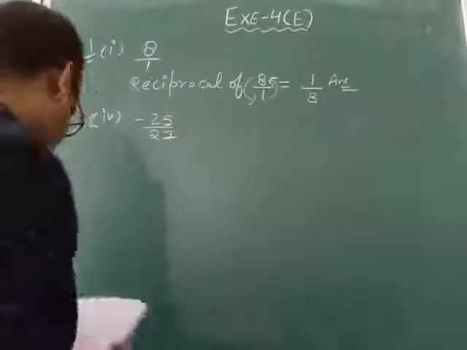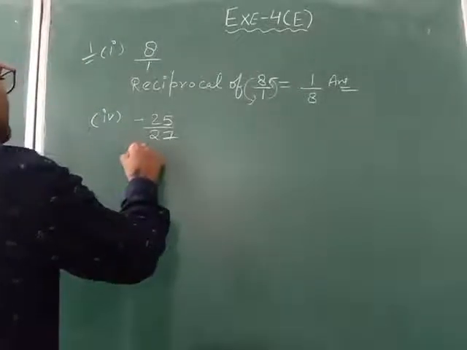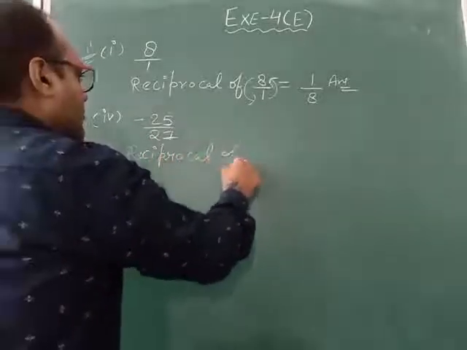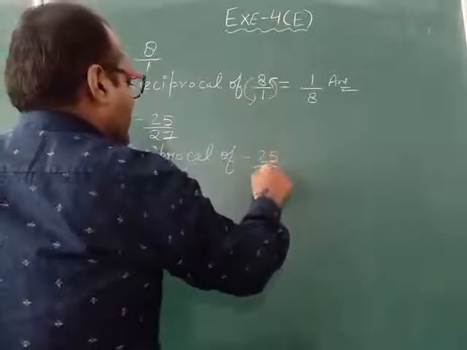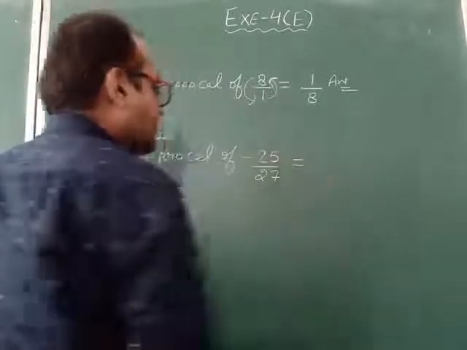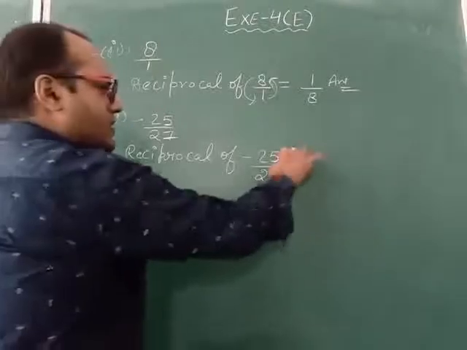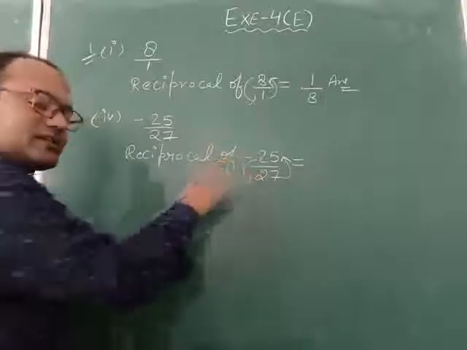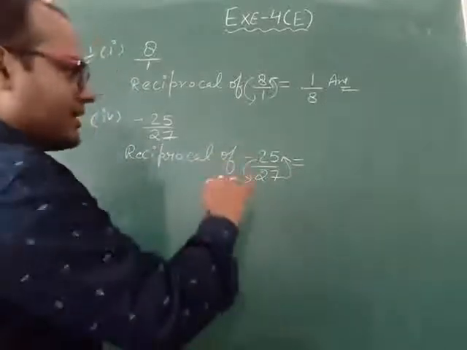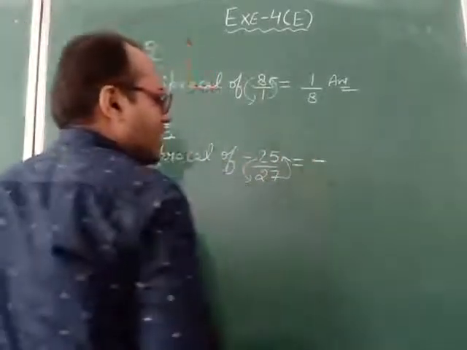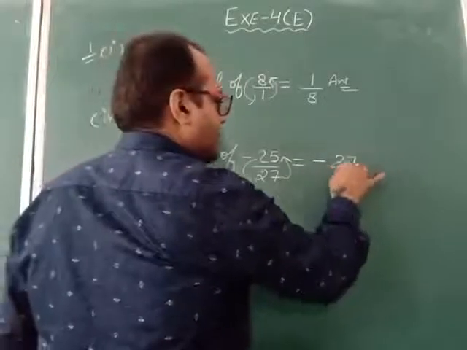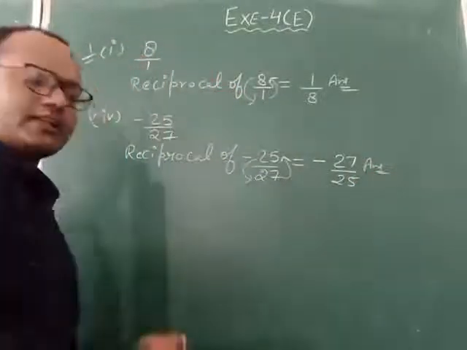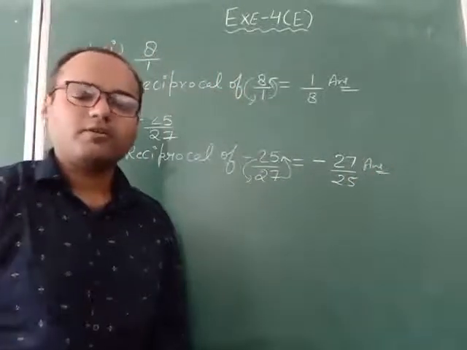So first of all we will write reciprocal of minus 25 upon 27 equal to, this 27 will come in the numerator and 25 will come in the denominator, but this minus sign no need to bring down. Minus sign will remain at its own place. So final answer will be minus 27 upon 25. So like this you have to do all the parts of this question number first.